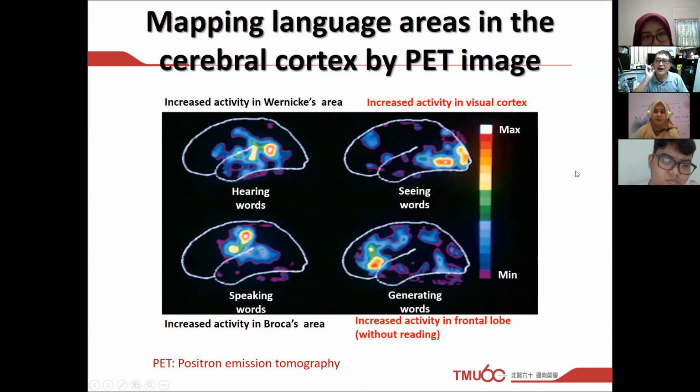Then we can see the high blood flow in a particular area, for example the temporal lobe, so we know this area is in charge of hearing. And when they start thinking and try to move something, there is a spot with a high intensity of fluorescence. Using this methodology, we can pinpoint each spot for its function. That's the PET image, a methodology we use to determine the location of sensory or motor spots.